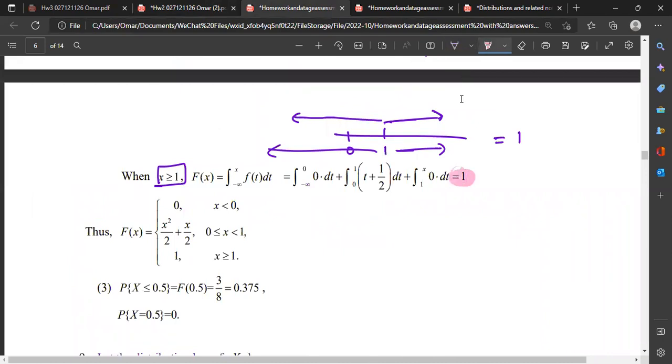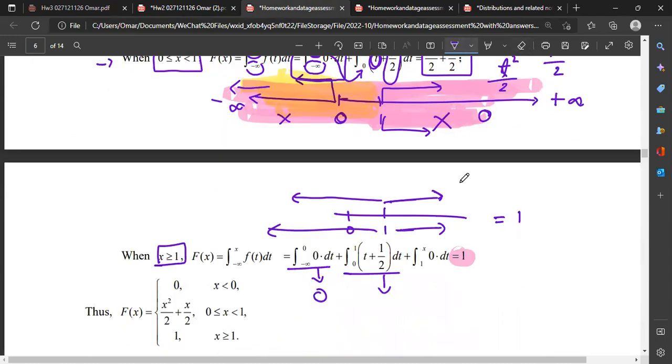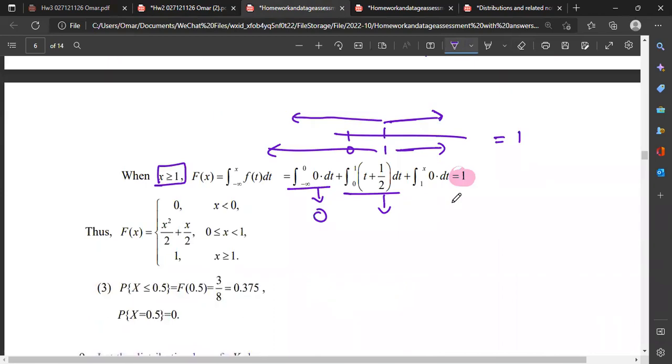If you calculate manually, you see this part here will be 0, and for this part we got the answer here. The answer is x squared by 2 plus x by 2, right? So you see here, x is greater than or equal to 1.